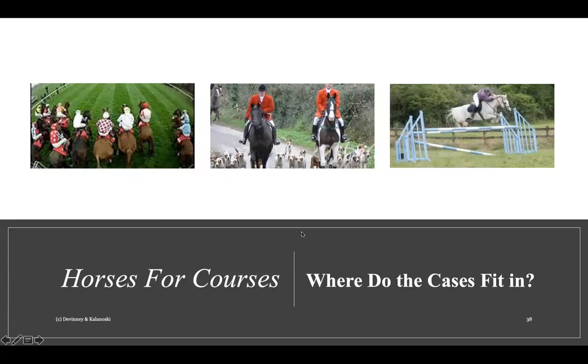So the final point on all of this is that it's a bit of horses for courses. This complexity means that there isn't a simple set of toolkits. There isn't a simple set of things that you would otherwise be applying, to say, okay, here's the workbook that I need to use to be able to solve marketing problems in an international context. The answer is that workbook doesn't exist, and therefore there are different mixtures of things that you can choose to do.